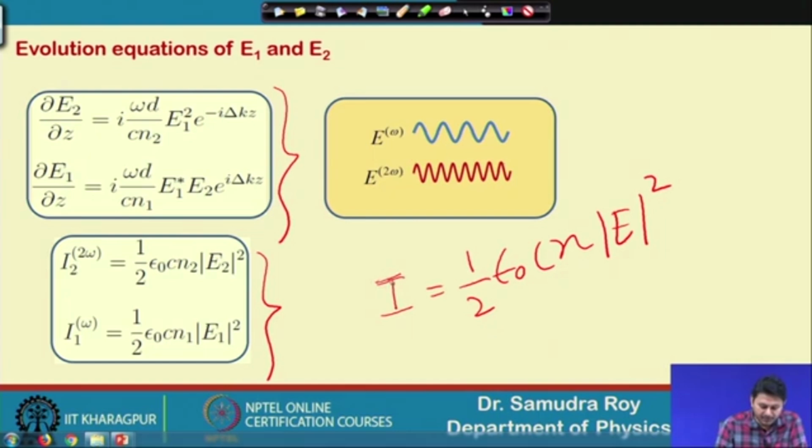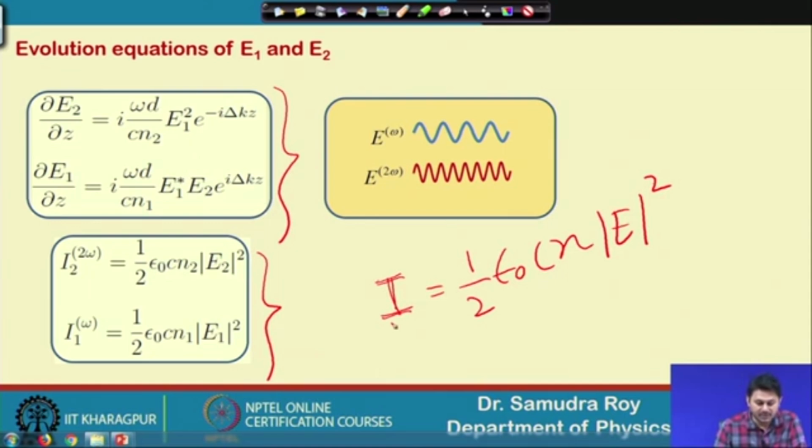Now, we try to understand, because of this energy exchange, whether there is any quantity which remains conserved. The obvious question is whether the energy is conserved here, because E2 is gaining energy. Initially E2 was not 0, but gradually it is getting some energy from E1. In the previous class the way we calculated E2 was not physically correct, because we considered E1 as a constant.